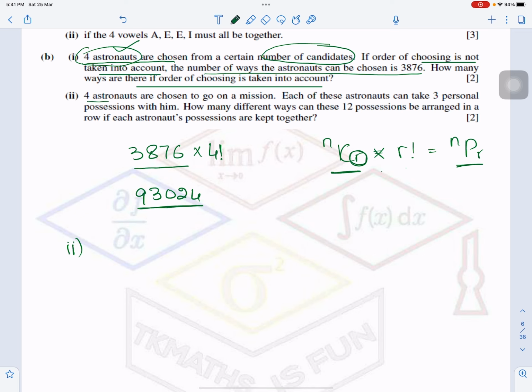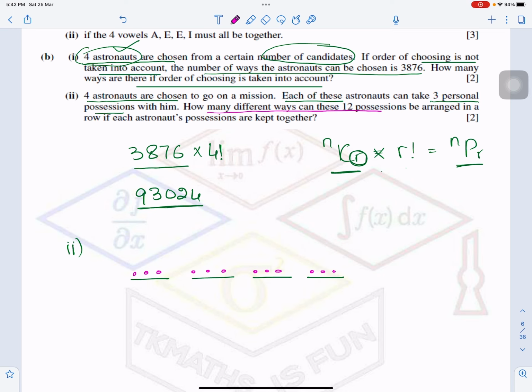Now part 2. Four astronauts are chosen and they go on a mission. Each of these astronauts can take 3 personal possessions with him. So we have 4 astronauts, and each one of them can take 3 belongings along. How many different ways can these 12 possessions be arranged in a row?